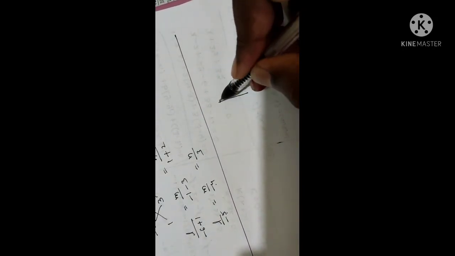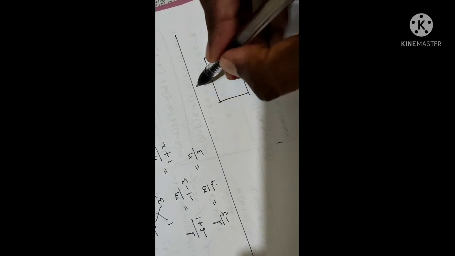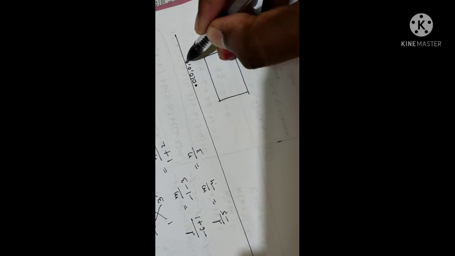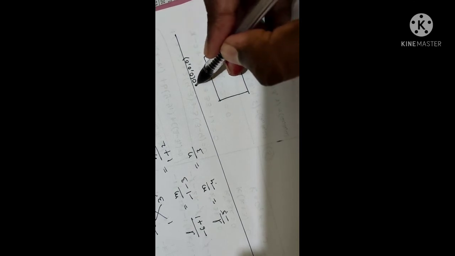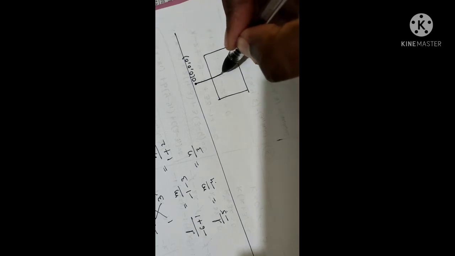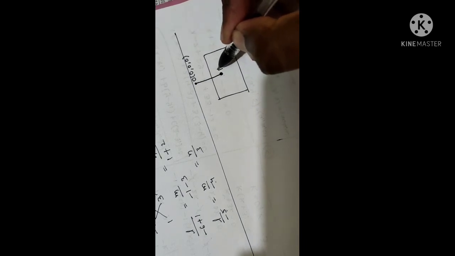This is the plane. This is the origin O (0, 0, 0). From this you draw a perpendicular line. It meets the plane at a point P. This P is called the foot of the perpendicular from the origin to the plane.